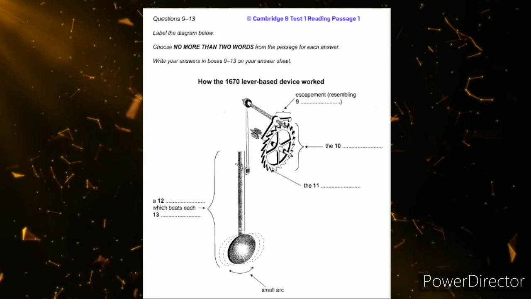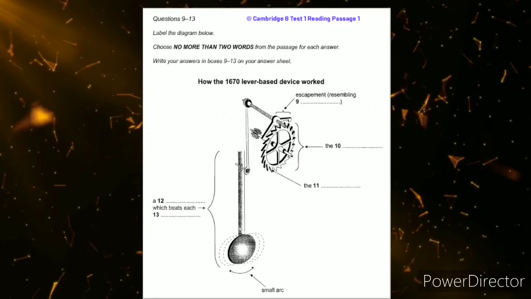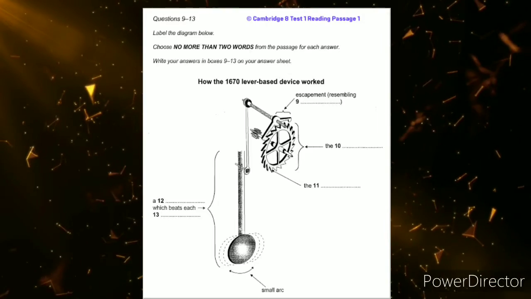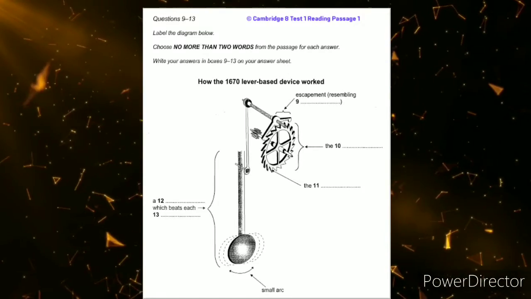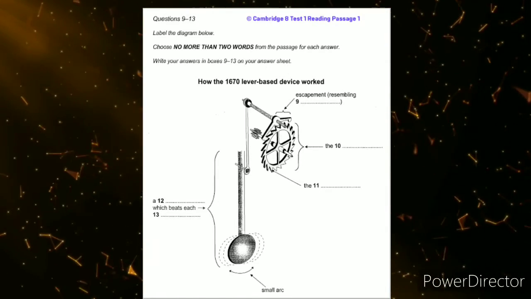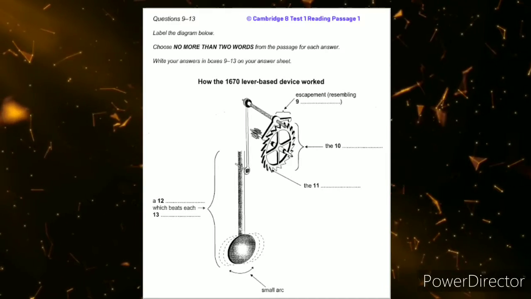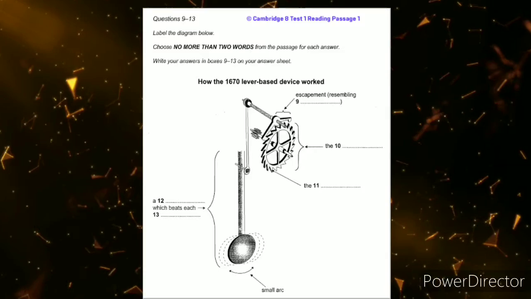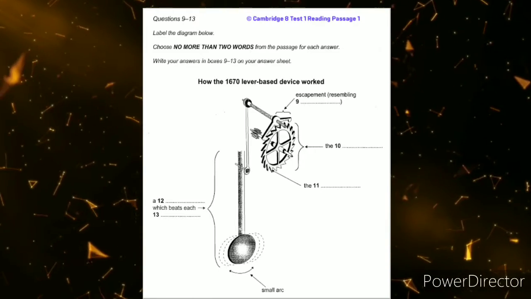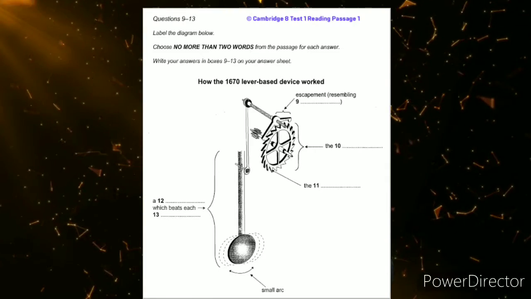Label the diagram below. Choose no more than two words from the passage for each answer. These kinds of sentences may usually distract you from your answers.